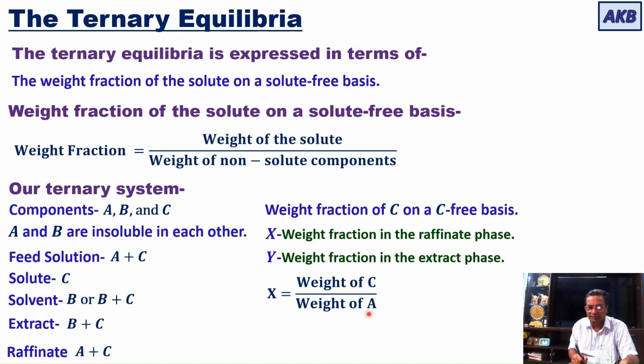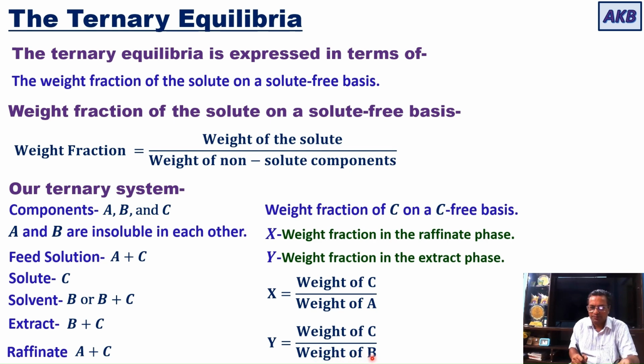The component is A. So in the raffinate phase, it will be weight of C divided by weight of A. That is capital X, weight fraction of C on a C free basis in the raffinate phase. Likewise, in the extract phase, weight fraction of C on C free basis, that is capital Y, will be weight of C divided by weight of the other component. And which is other component? Weight of B. Because there are just two components in the extract phase, B and C. So it will be simply weight of C divided by weight of non-C, the other component. Which is the other component?